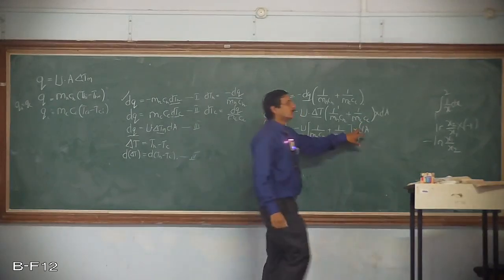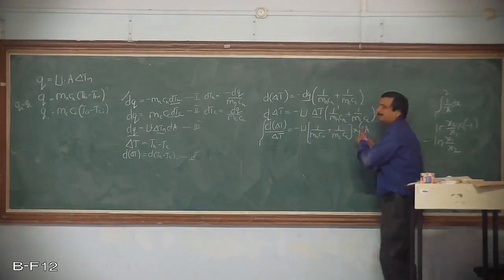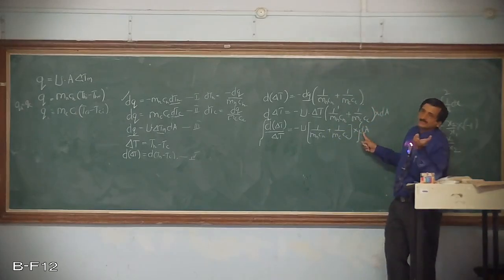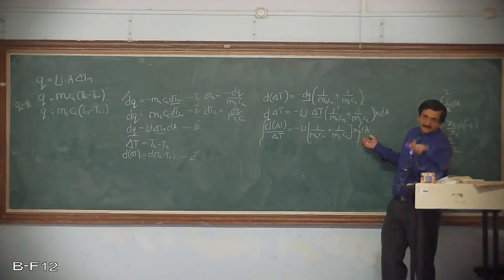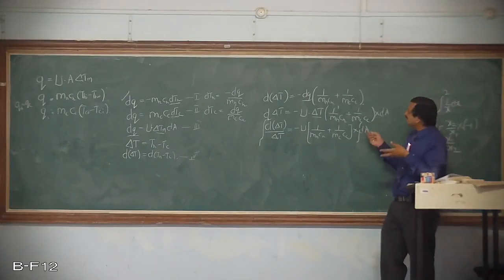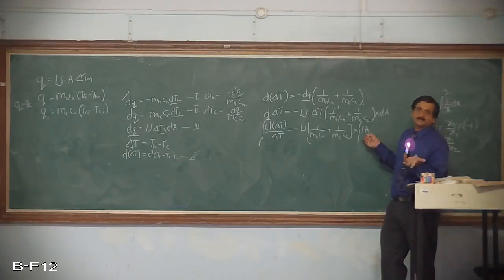Now the question comes, what about this one? You can do this one, but even without doing it, it is understood that at the inlet the area is 0, therefore A2 minus A1 is as good as the integration of dA only.